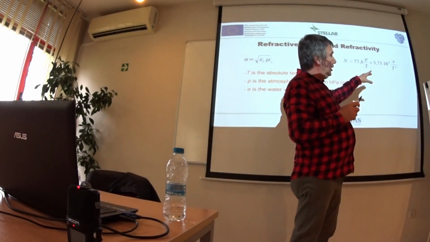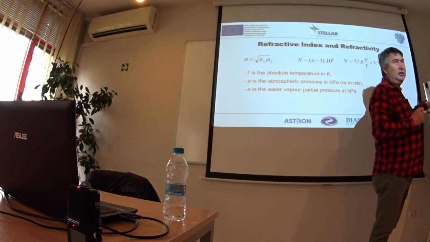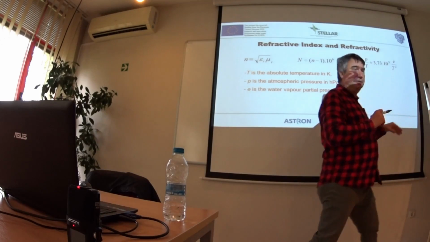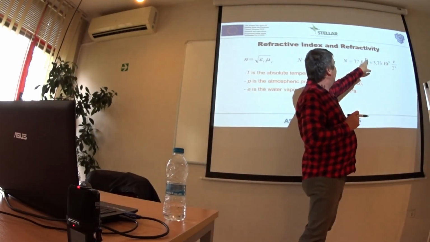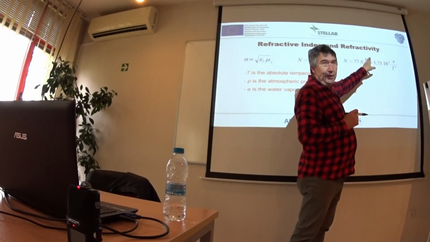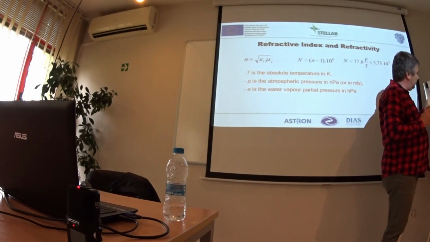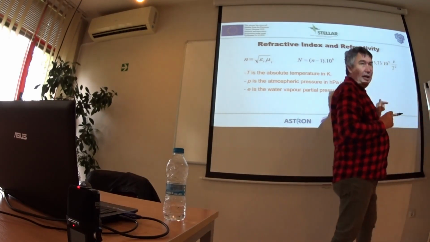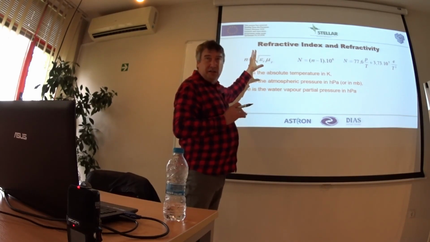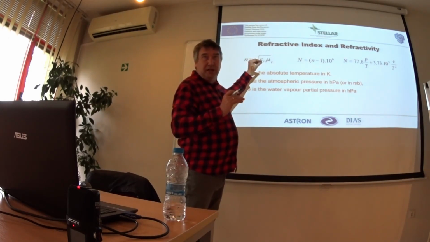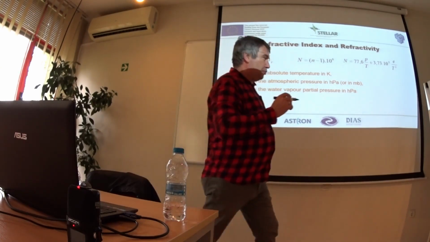So in the lower part of the atmosphere we have higher atmospheric pressure, and therefore the dielectric constant is a little bit higher in normal conditions than on a higher level of the atmosphere.